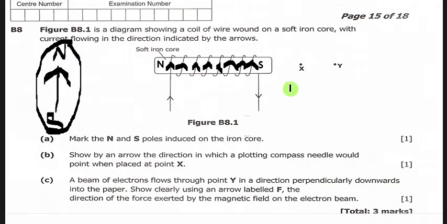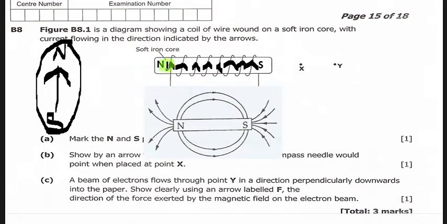So it will face this way. Why? Because that's where the direction moves. This is how this actually produces the magnetic field. They'll go like that. The magnetic field moves from north to south. So that's how it will point. It will point that way.